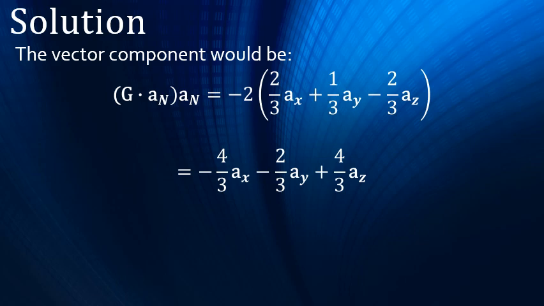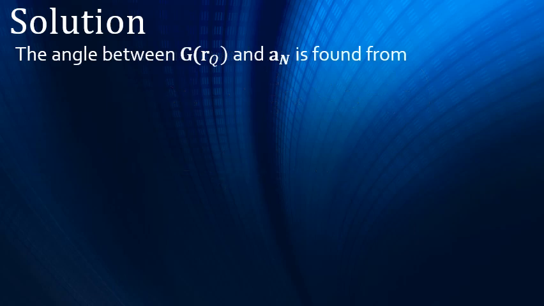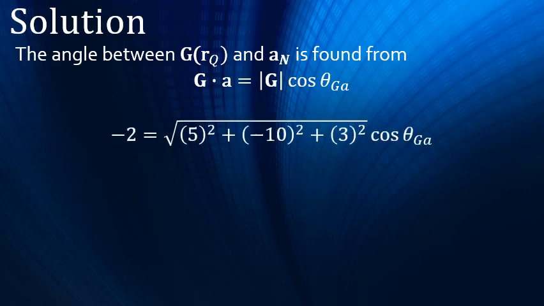Then, last, para makuha natin yung angle between G at Q and an, yung formula natin, G dot a equals magnitude of G cosine ng theta Ga. Nakuha na natin yung G dot a, which is negative 2. Ang magnitude ni G nakadepende dun sa scalar components niya. So, square root ng 5 squared plus negative 10 squared plus 3 squared. Cosine yung angle na hinahanap.